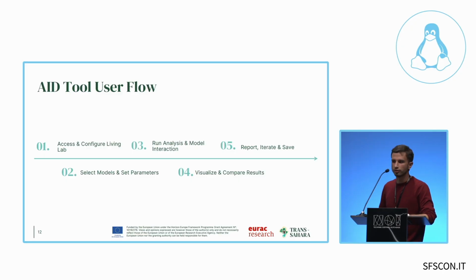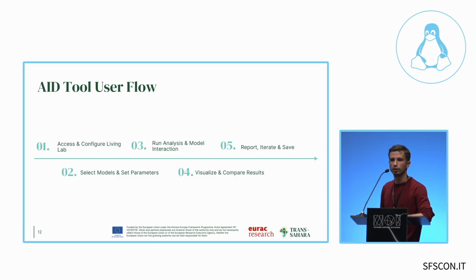Here is a very simplified user flow showing the process that the user will follow using the tool. The user will be able to access the living lab information and visualize all the data, the current actual state of the living lab, and the data sources connected to it.